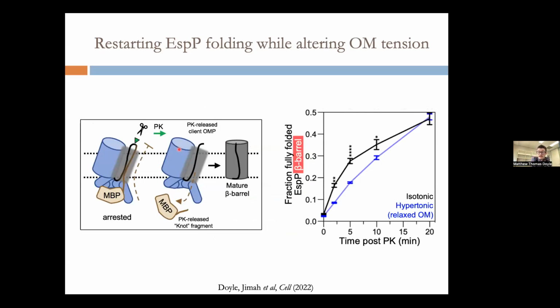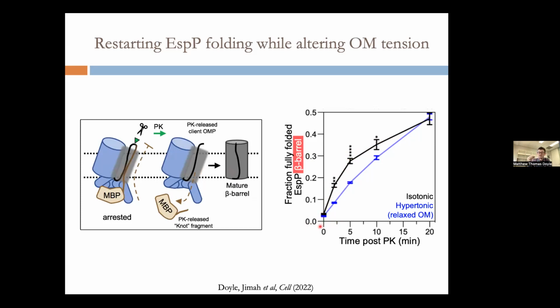Remember, I can track barrel folding in vivo because we have a controllably trapped intermediate. So if you place cells that are expressing this intermediate into culture, LB, grow them normally, and then track barrel folding, the completion of barrel assembly looks like this in black.